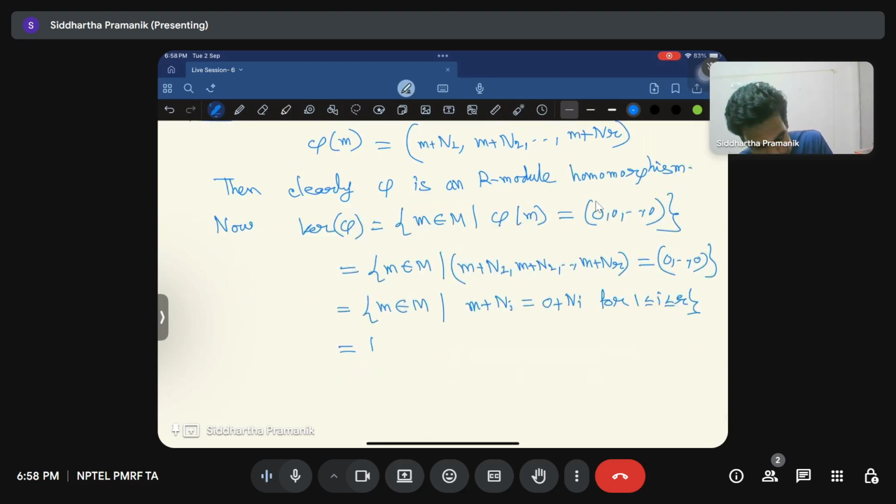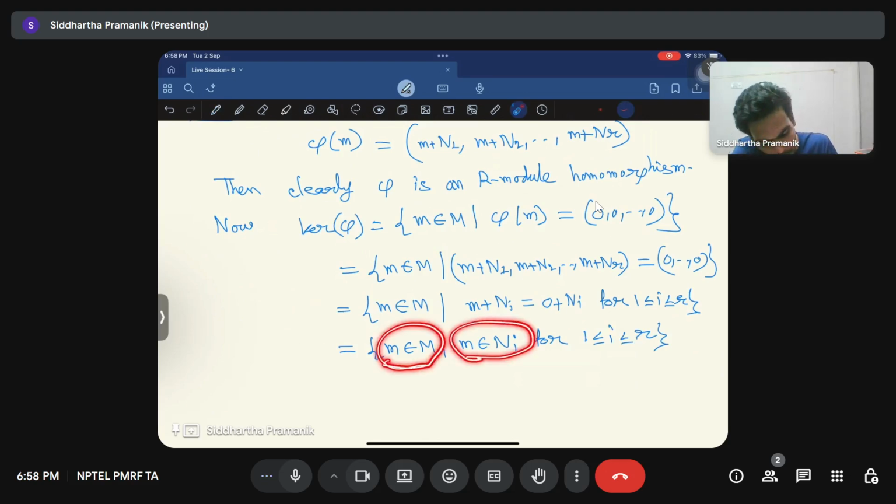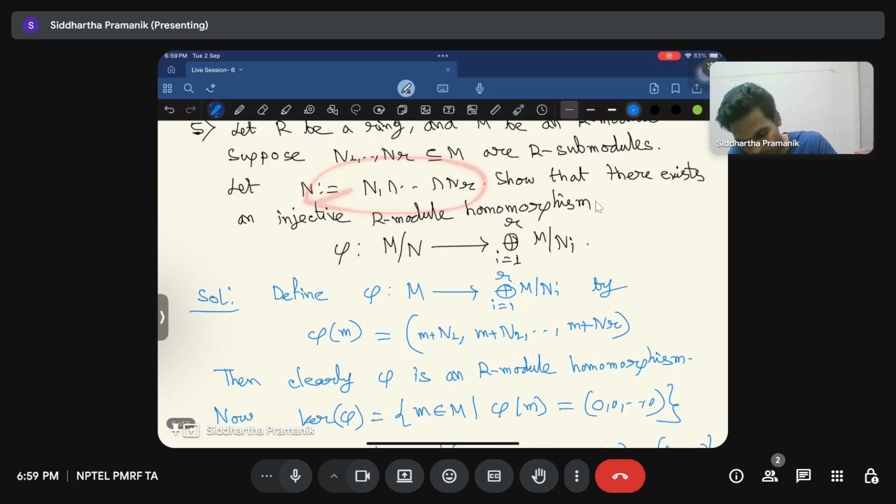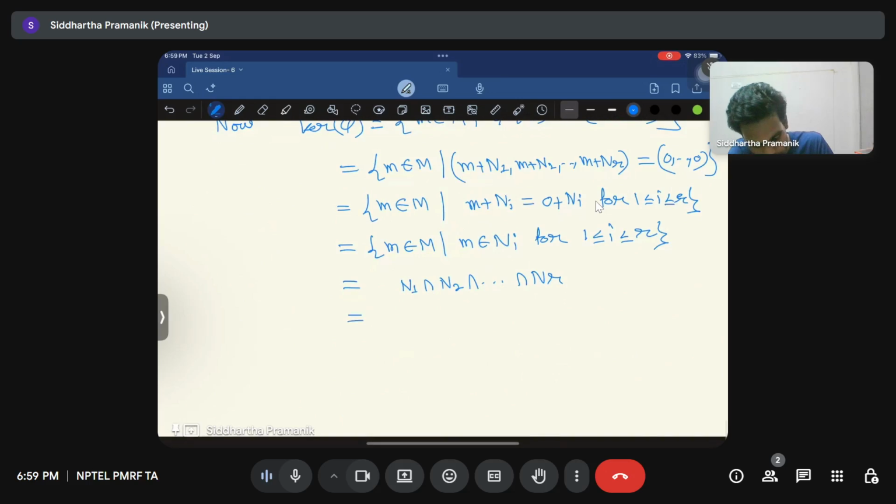And by the properties of quotient, this is the same as m belongs to M such that m belongs to Ni for 1 less than or equal to i less than or equal to r. Now what is this set? All those m in M which are also in all the submodules Ni. So this is basically N1 intersection N2 intersection and so on with Nr, and that is our N. So our kernel is the submodule N.